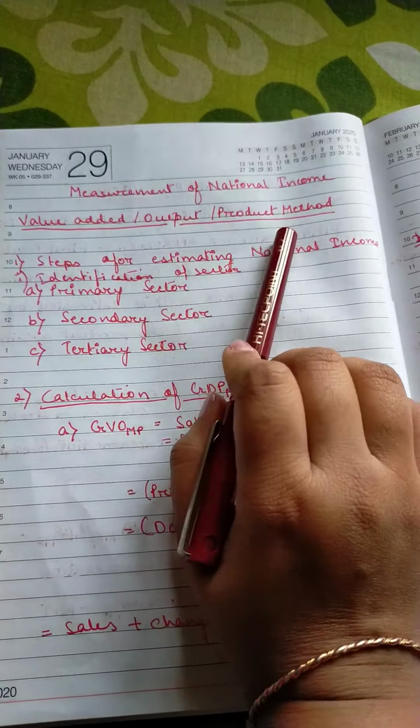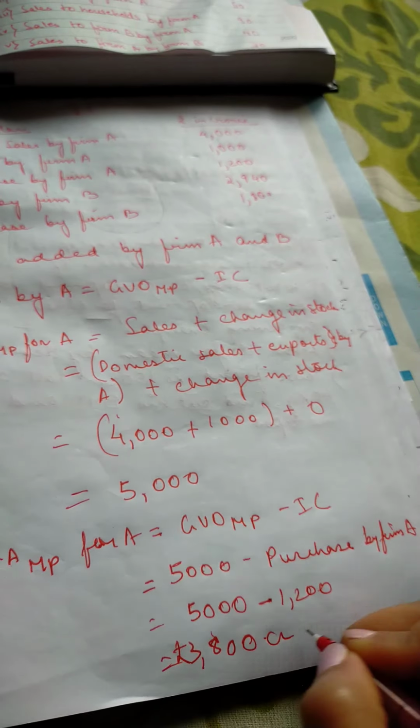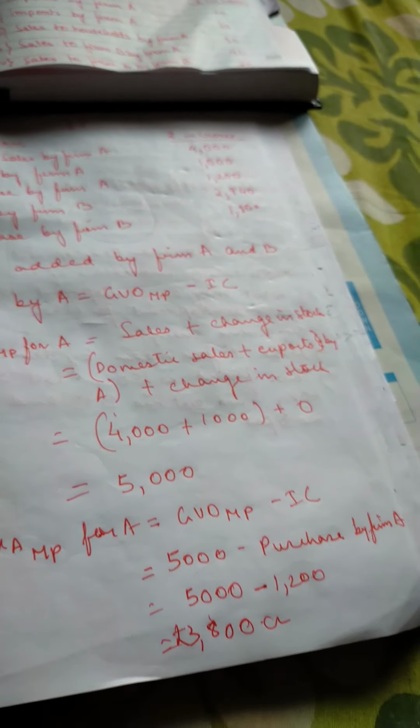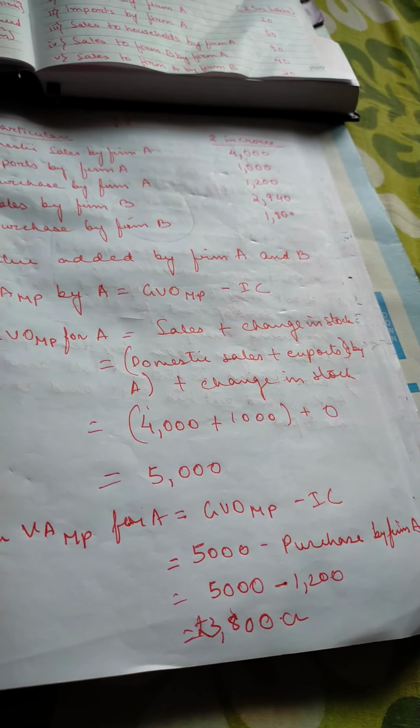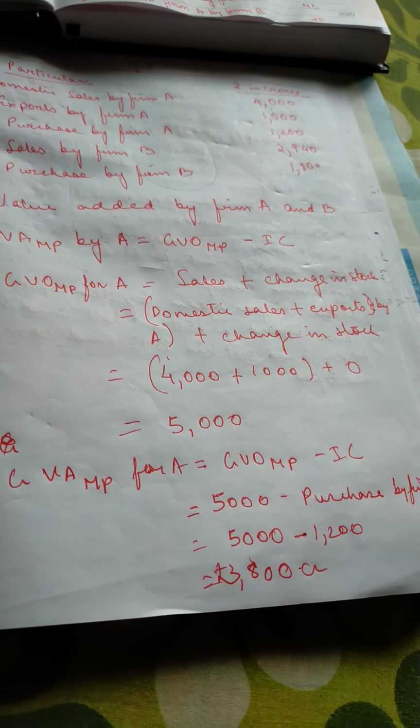So 5,000 minus purchase by farm A 1,200, there it will be 3,800 crores, the GDPMP of farm A. Now GDPMP of farm B you all will find out.